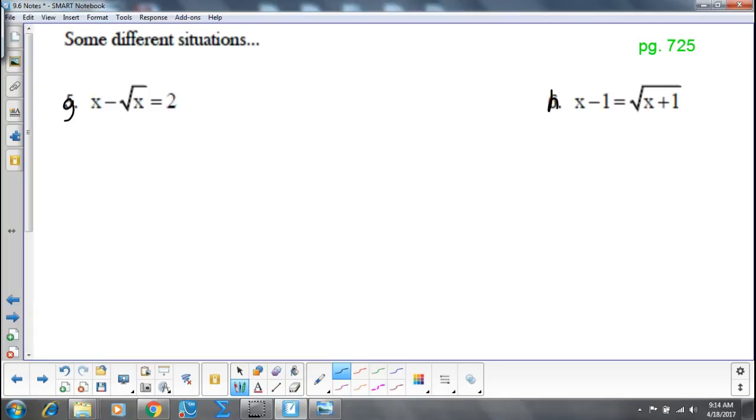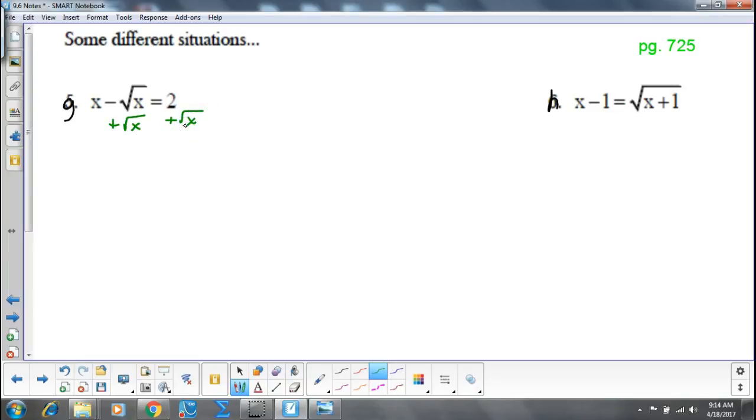Let's actually tap the brakes, childrens. Let's do one together first. You want to do G together first, or do you want to do H together first? G first? Okay. So I still need to isolate the radical. Yes? Sure. Okay. So I am going to add the square root of x to both sides.